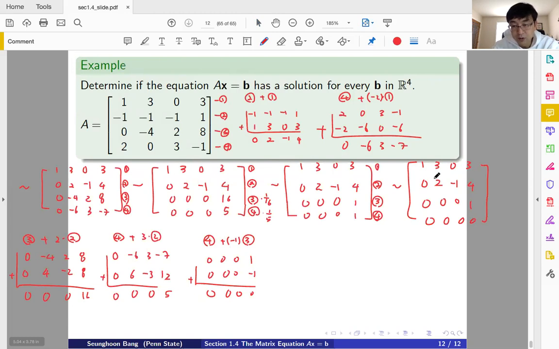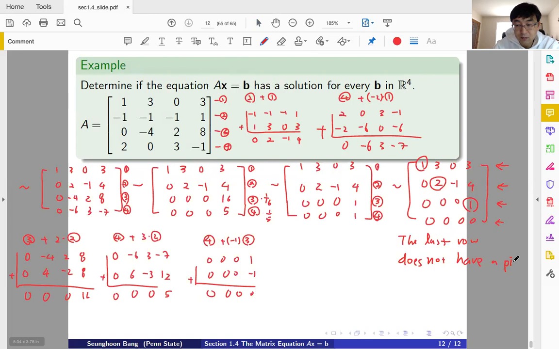So what happens? The first row has pivot 1. The second row has pivot 2. The third row has pivot 1. What about the last one? The last row does not have a pivot.